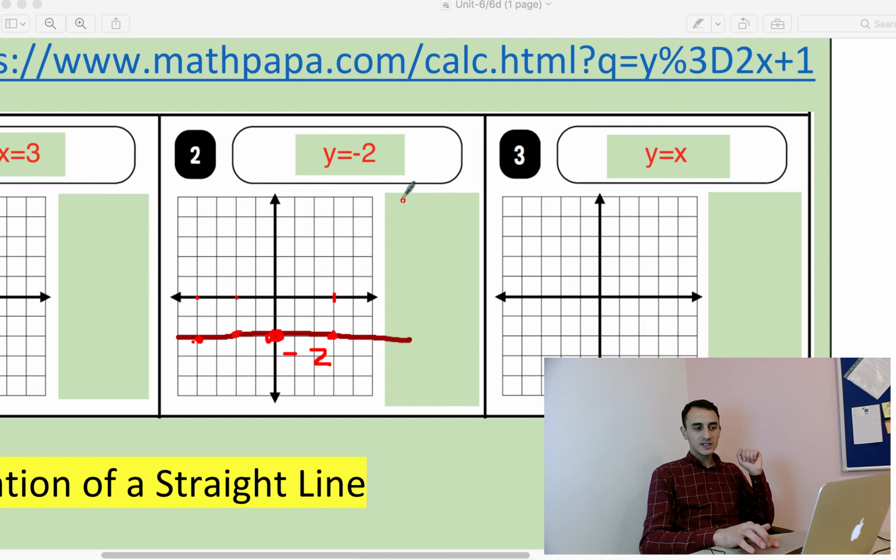You see, for each ordered pair, for example, this point we said first, we have 3, negative 2, and for example, with this point we have negative 4 and negative 2.